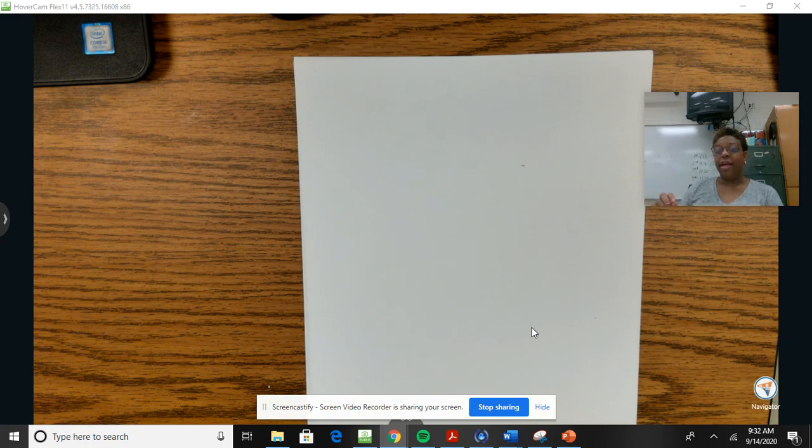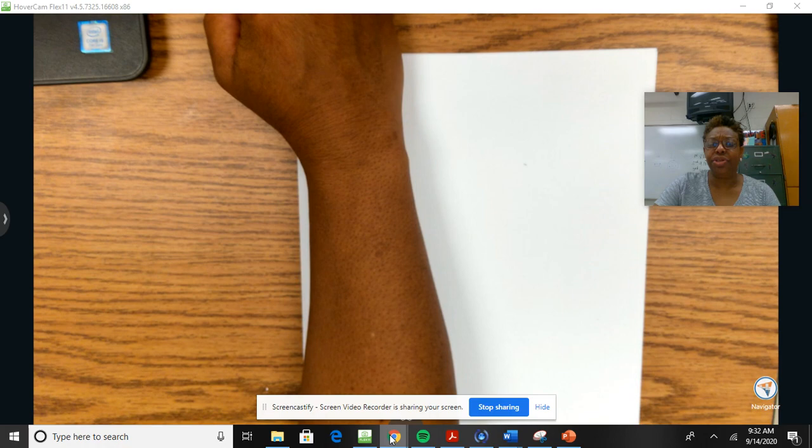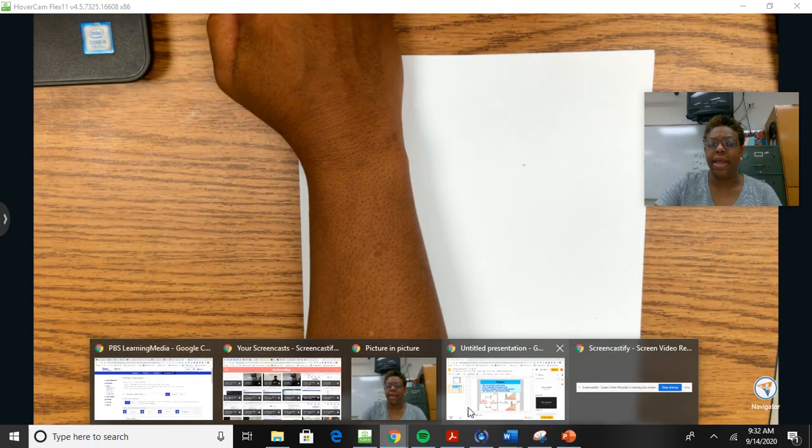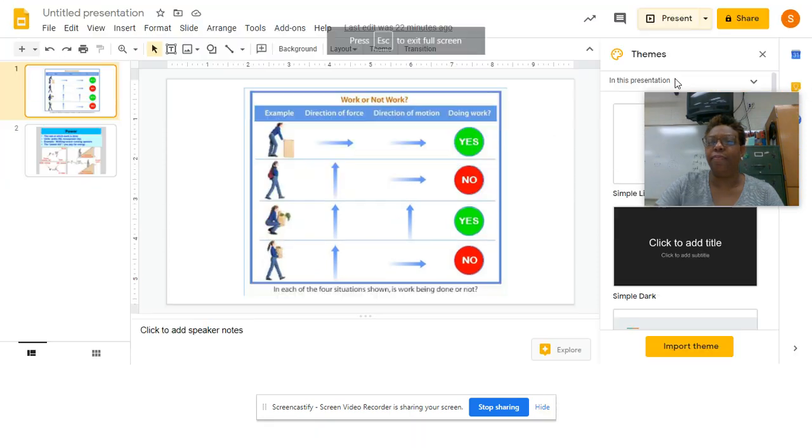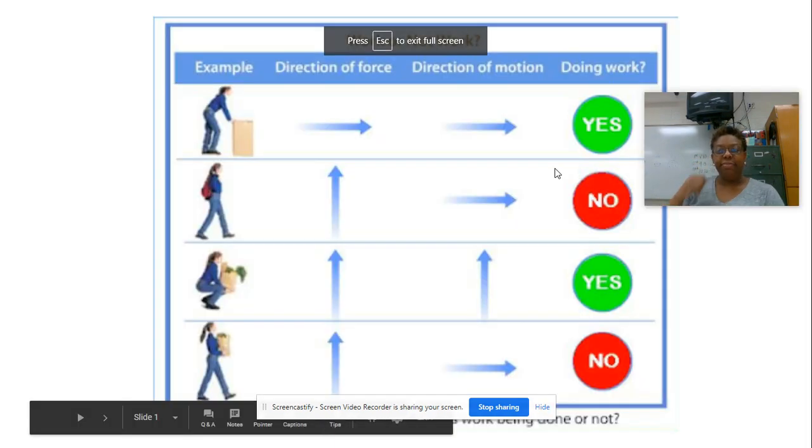So on Friday, we defined what work actually is and learned how to determine when work is done or not. So I want to take you to an image and revisit that before I introduce you to today's concept.